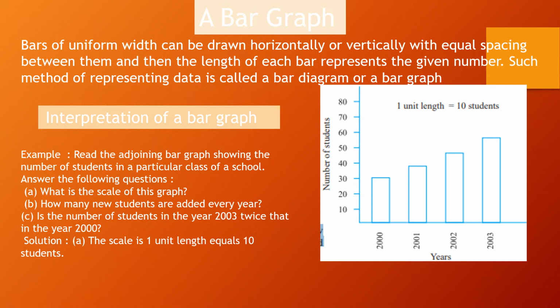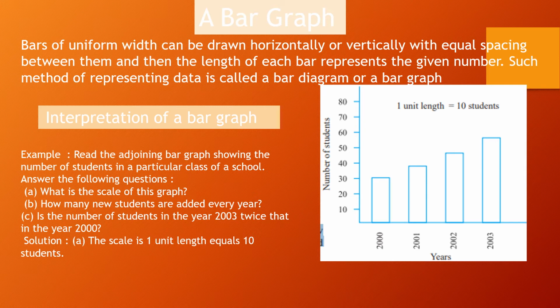Second question, how many new students are added every year? We have already read each year's strength of students, that is 30 in 2000, 40 in 2001, 50 like that it is going. Therefore, each year 10 students were increasing.